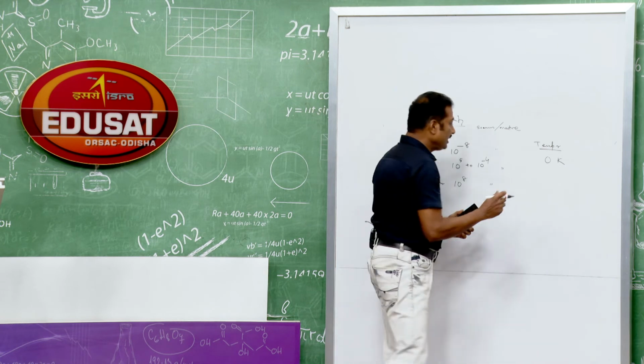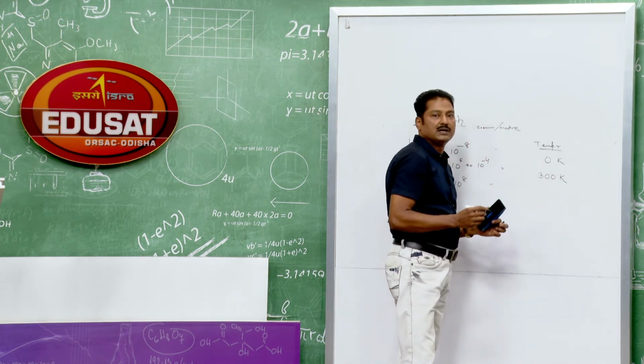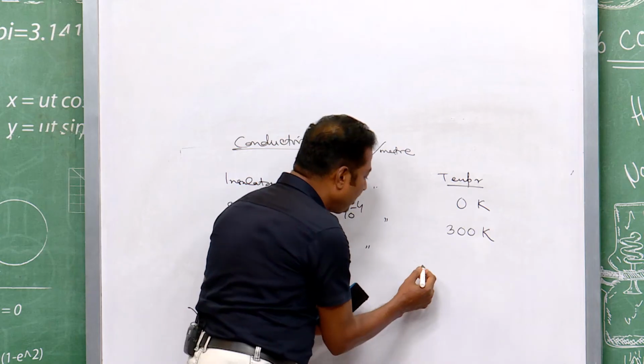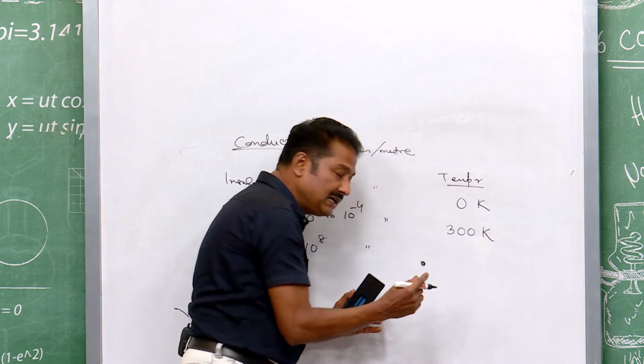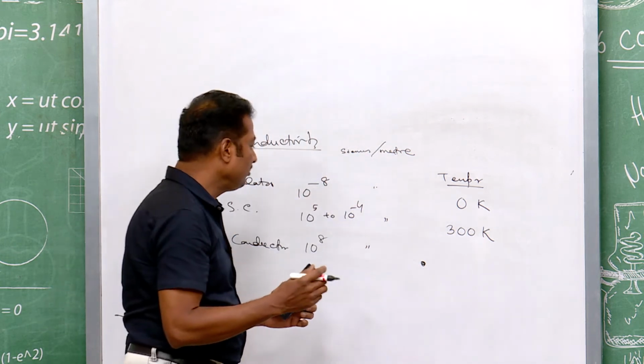Interestingly, when it is room temperature, around 300 Kelvin, then only your electron can be detached from the bond, and the bond can break.